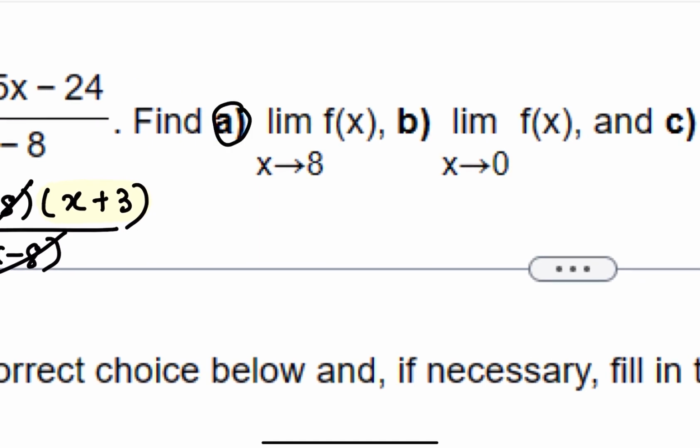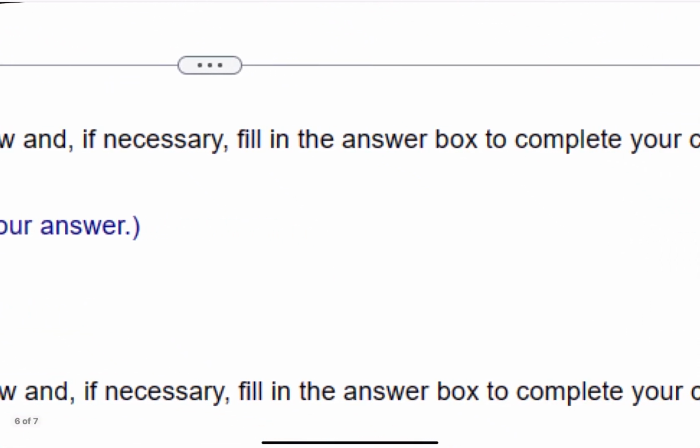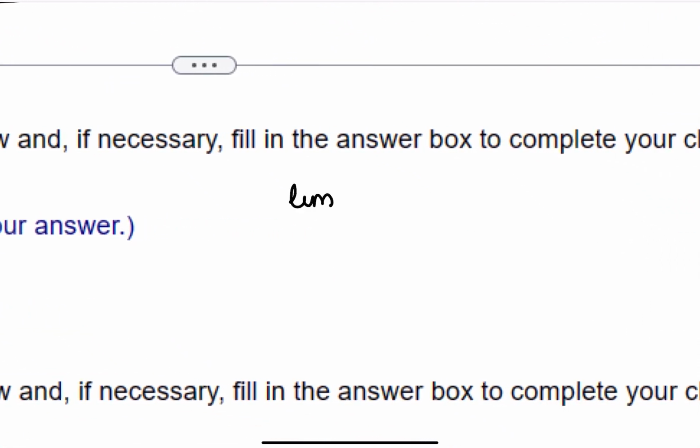My option A is limit of f of x when x goes to 8. So let's do it step by step here. Now I simplified that function to x plus 3, and limit x goes to 8. How do I do this? Again, this is a constant, so constant stays constant.